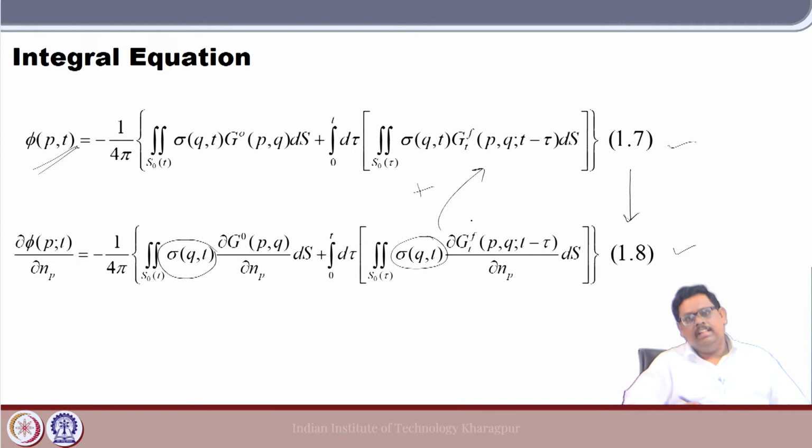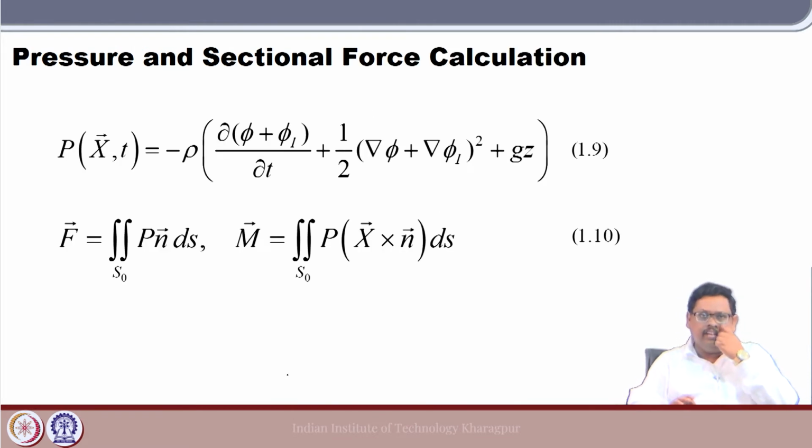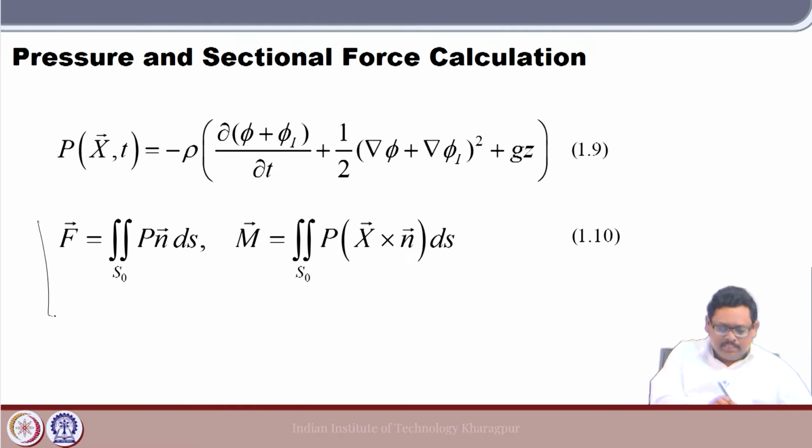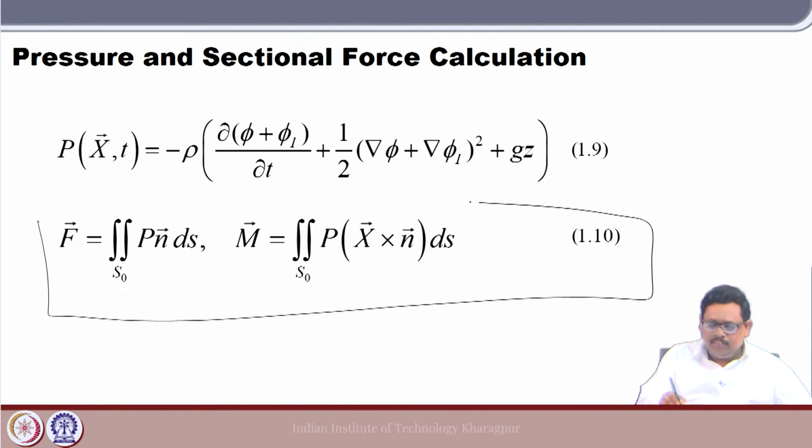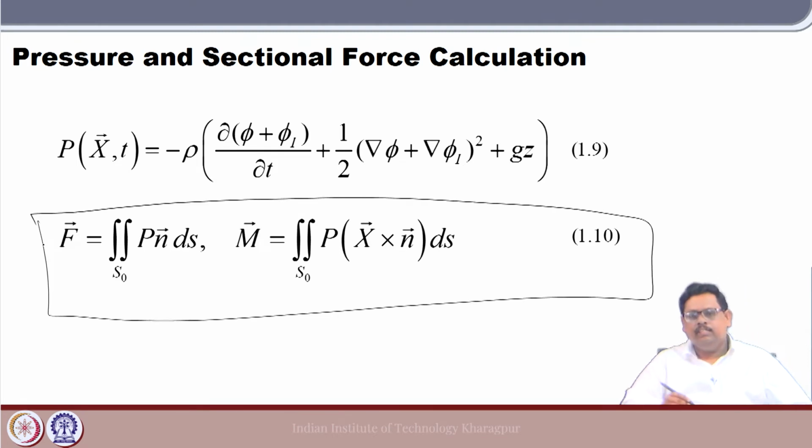Now, in case of the flexible structure, once you get the value for phi, we have to get the pressure as well as the force. The force in 1.110 is not what we want, because this is the force acting on the body and it applies only to the rigid body scenario.